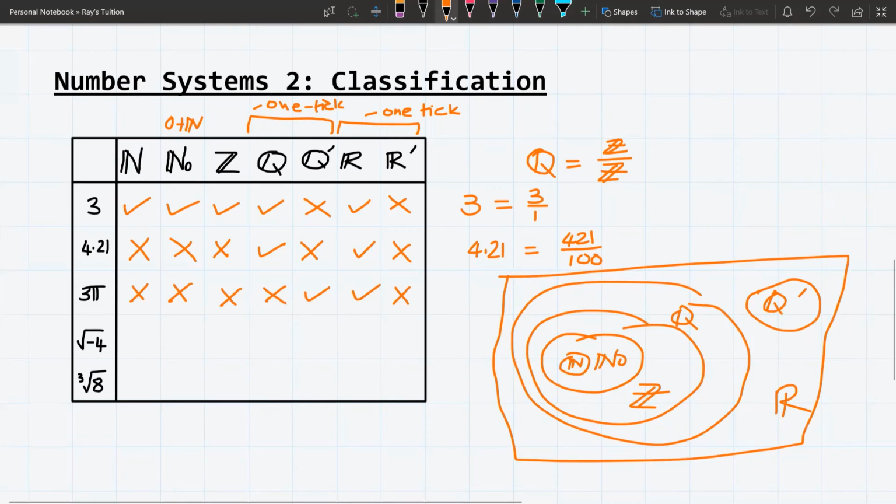Okay, the next one is the square root of -4. We've spoken about this in the last video. If you have an even root of a negative number, it's immediately non-real. That means we would put a cross for every other category because it's in the non-reals, which is a completely different compartment.